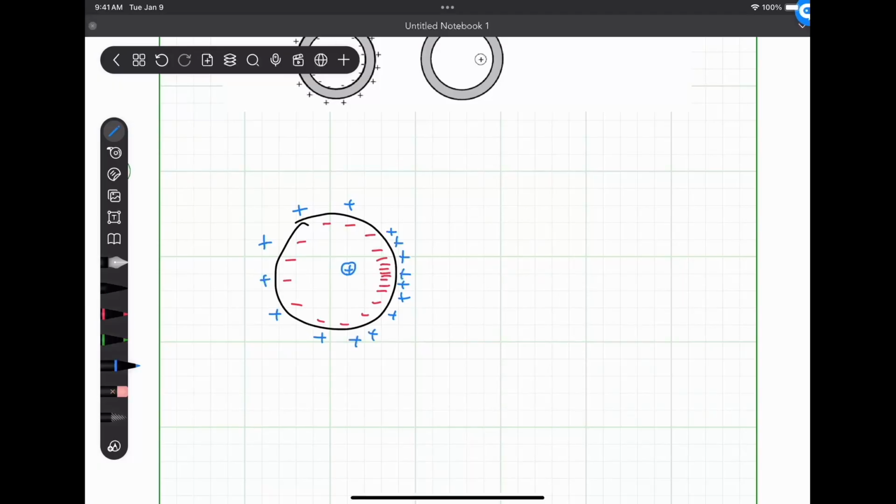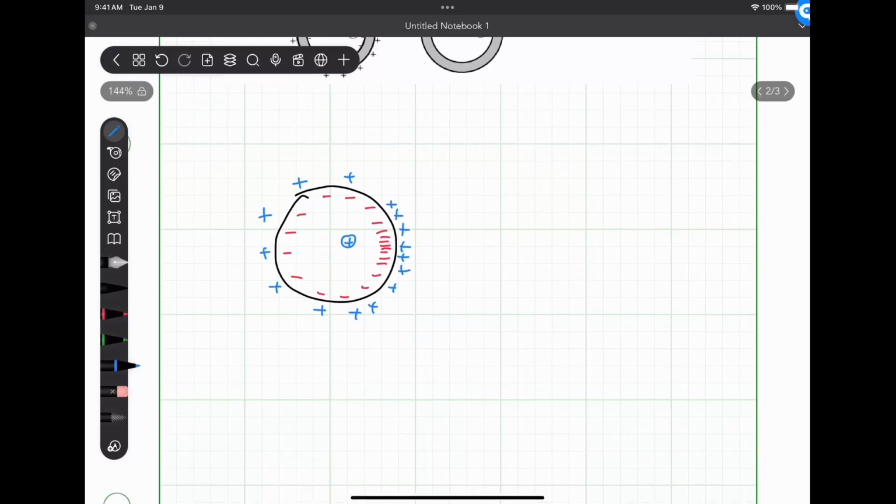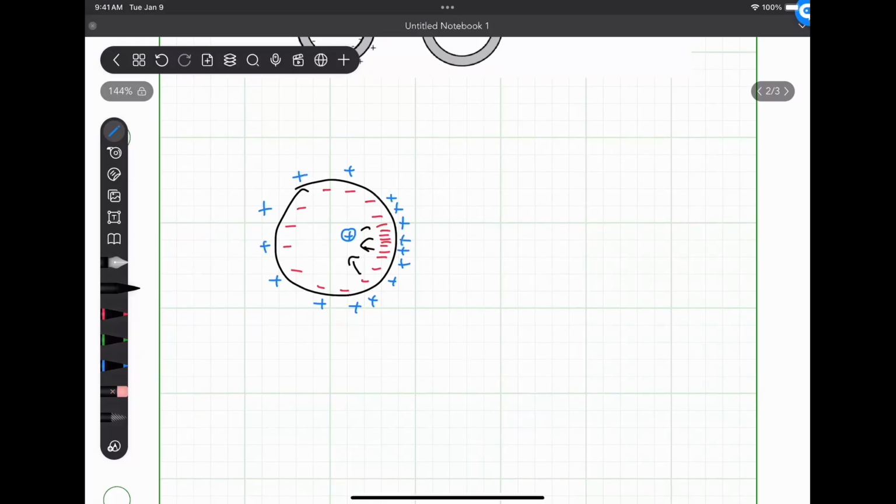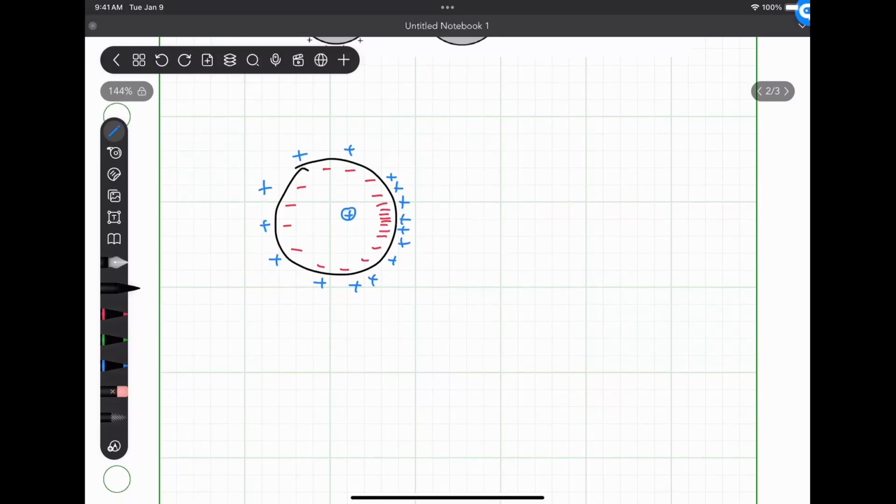Now, initially, you might think, well, this configuration makes sense. The negative electrons want to move towards the positive charge, and it's closest to the edge on the right, so more electrons must accumulate on the right. And because of that, the positive charge also wants to move towards the negative charge, because they're attracted to it.